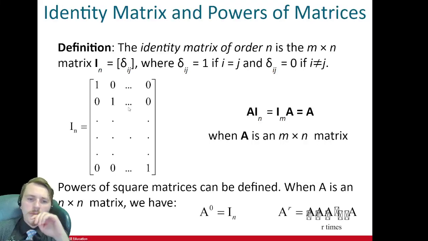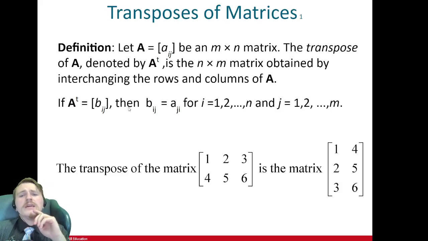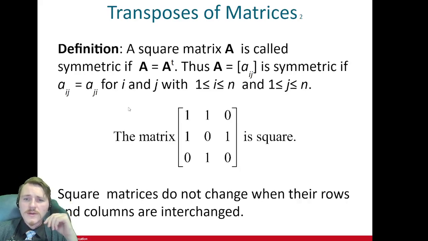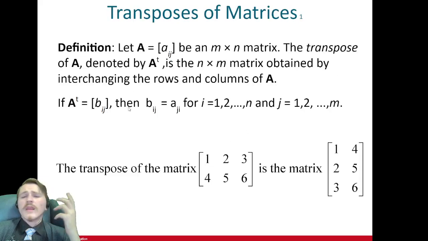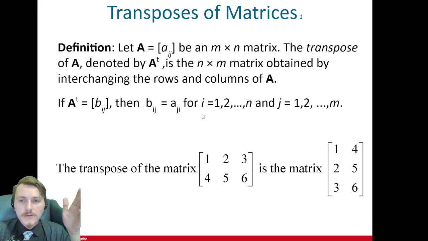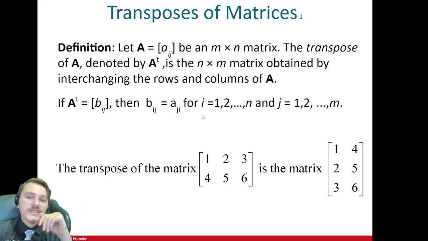Transposes. Transposes are kind of straightforward. There's a lot of words. I think they have 2 pages where they talk about it. Oh yeah, that's symmetric stuff. Transposes, a lot of words to basically say that if you take the thing in the first row, first column, or the m row and the n column of a matrix, and you instead put it in the m column and the n row of a new matrix, it's called the transpose.